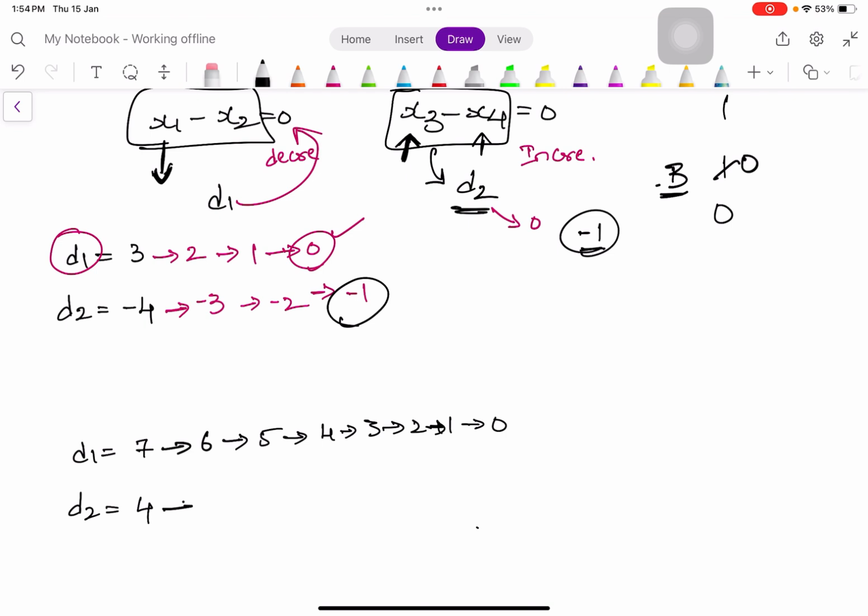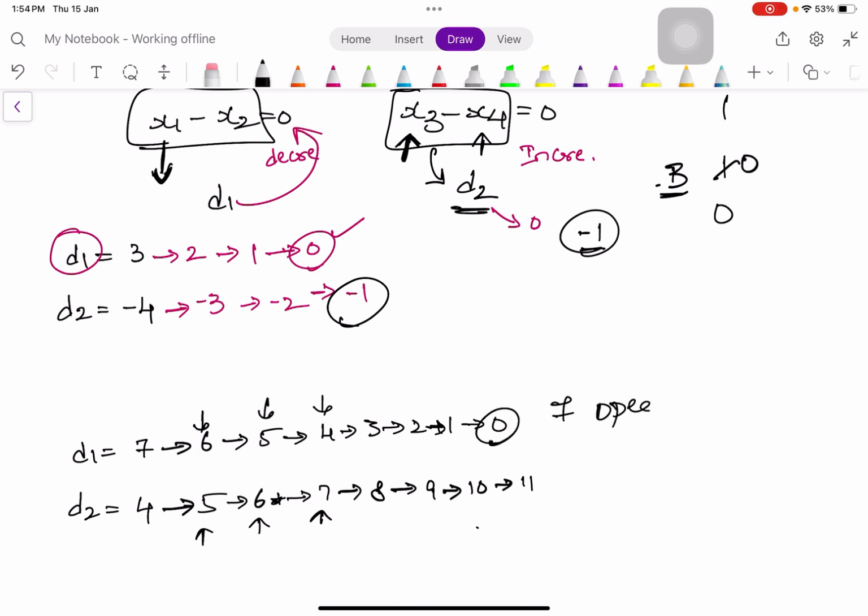This 4 will get incremented 5, then 6, then 7, then 8, then 9, then 10, then 11. At every step, decrement, increment. And when D1 becomes 0, we are already done with 7 operations. And after the 7 operations, D2 value is 11.